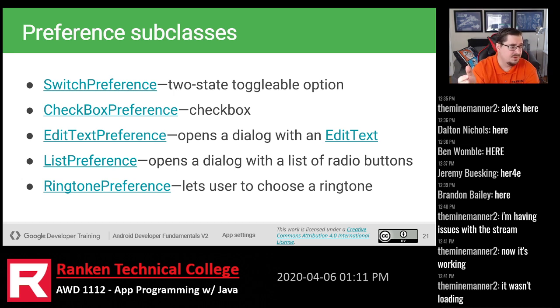Another kind of preference that you can use is the ringtone preference, and that would let the user pick what sort of ringtone they wanted to play when maybe some sort of event occurs. Now, usually this ringtone preference was used for notifications. With the advent of notification channels, we don't have as much use for this ringtone preference. There may still be places where you want to use it.